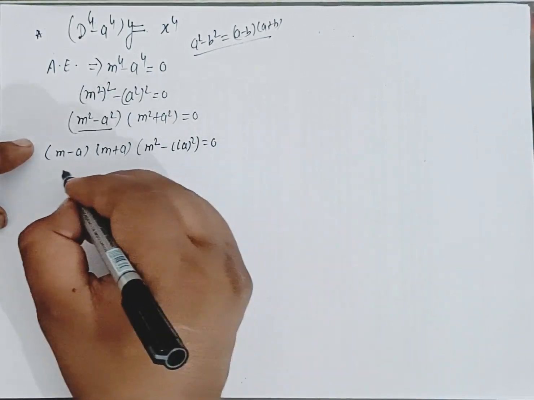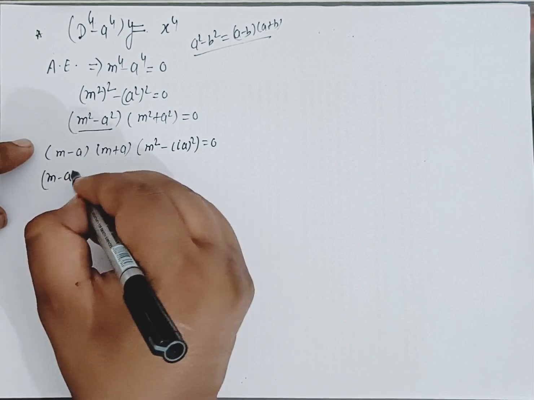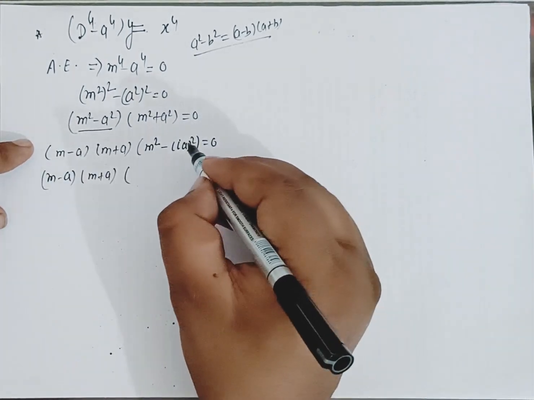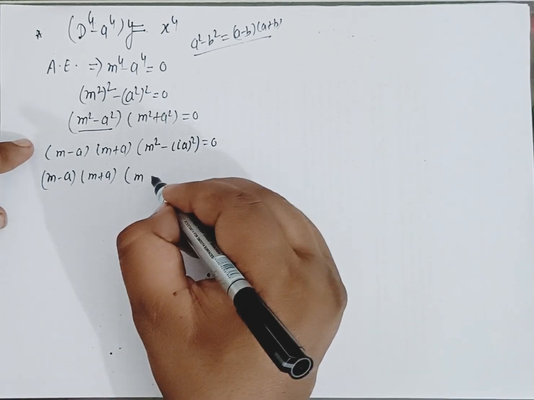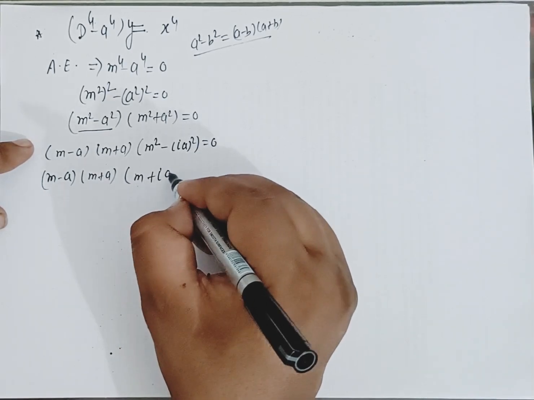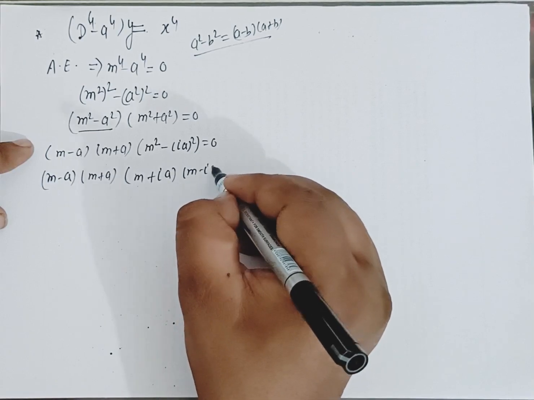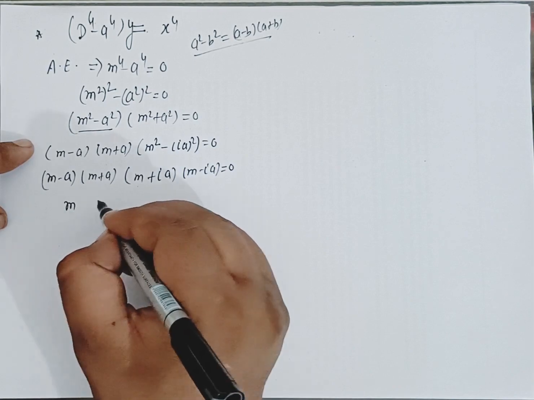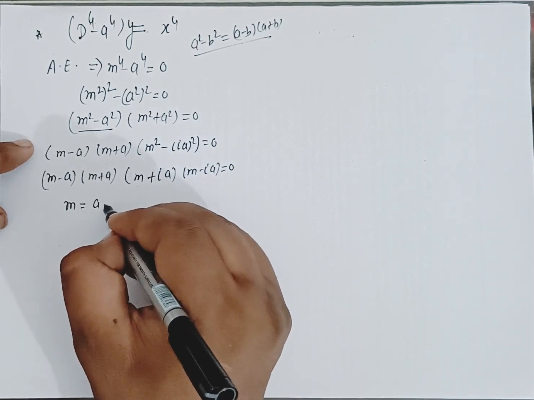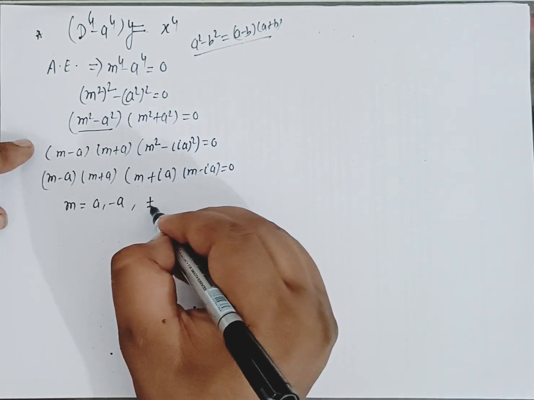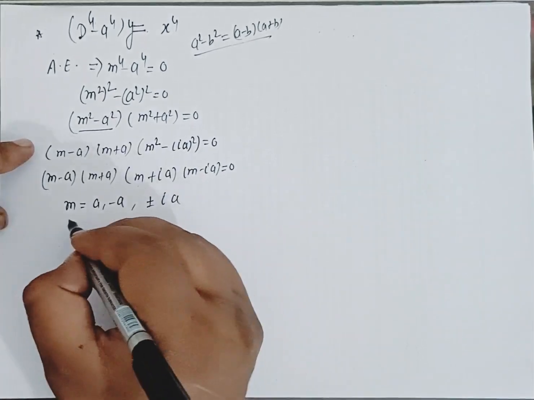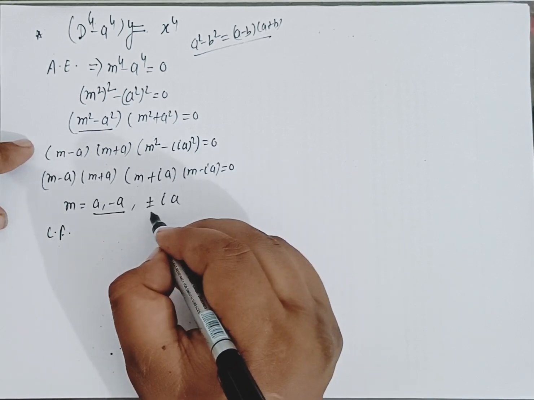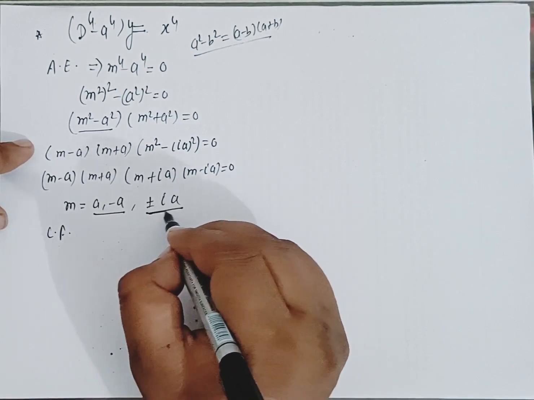So you can write it as m minus a, m plus a, and m plus iota a and m minus iota a. Okay, so you have the roots here: a, minus a and plus minus iota a. So what about the complementary function? Two roots are real and distinct and two roots are in complex conjugate pair.